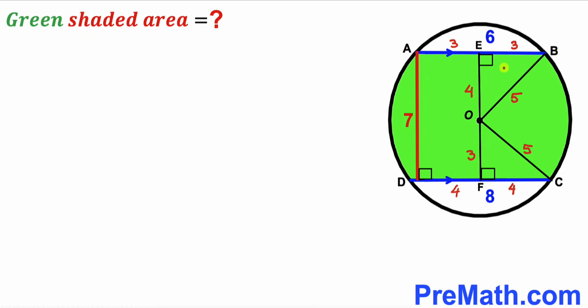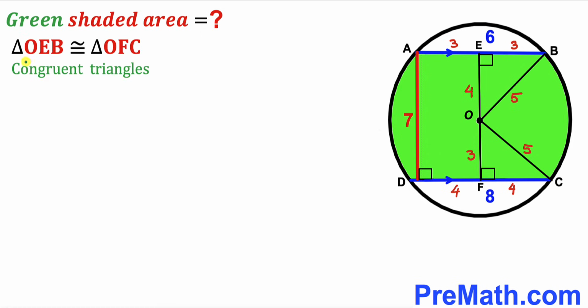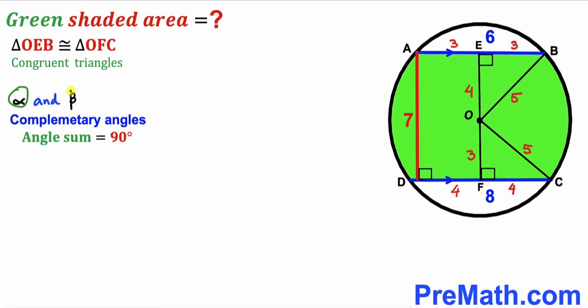Now let's focus on these two right triangles, this triangle OEB and this other right triangle OFC. We can see that both of these right triangles are congruent. Now let's assume that alpha and beta are two complementary angles. In other words, the sum of these two angles, alpha plus beta, must be equal to 90 degrees.